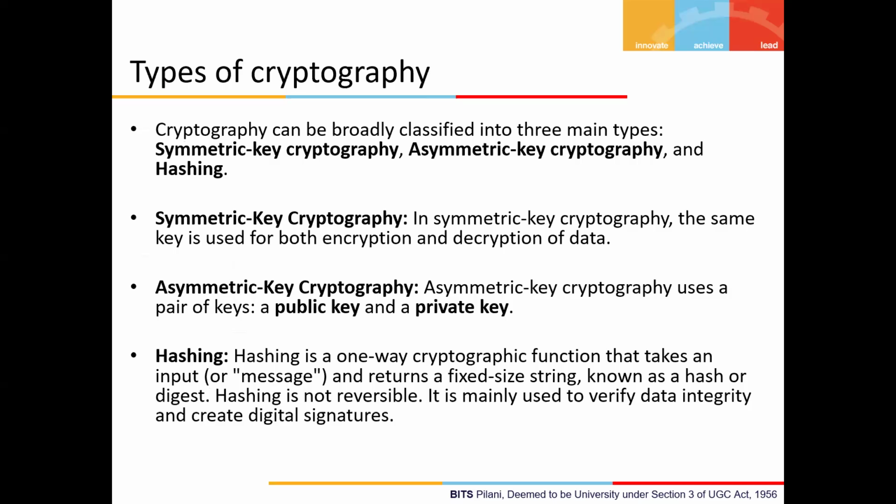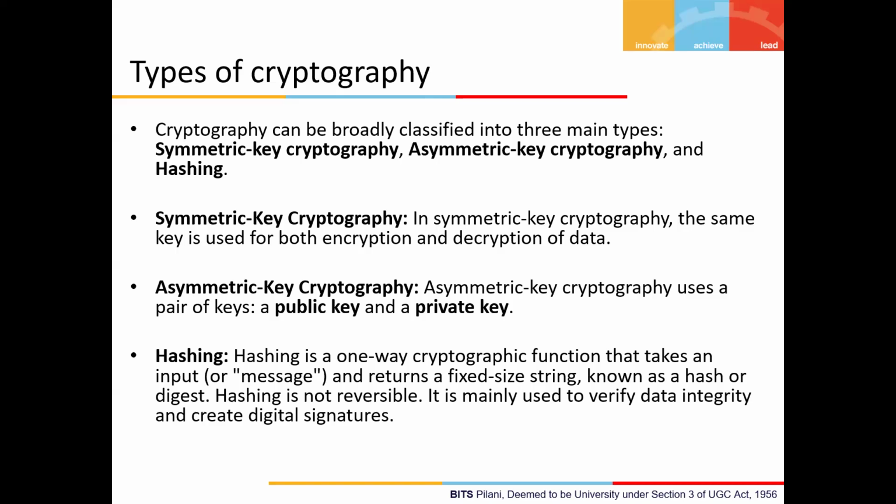So symmetric key cryptography: if I want to achieve confidentiality, there are algorithms like DES and AES. Currently we are using AES. The main important point to understand here is that the confidentiality we achieve is through a key.